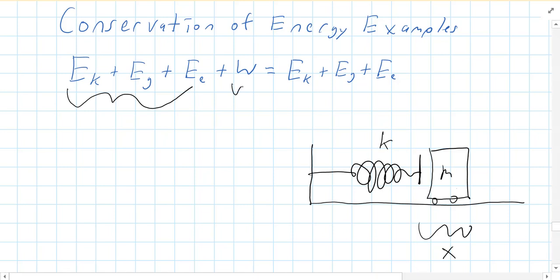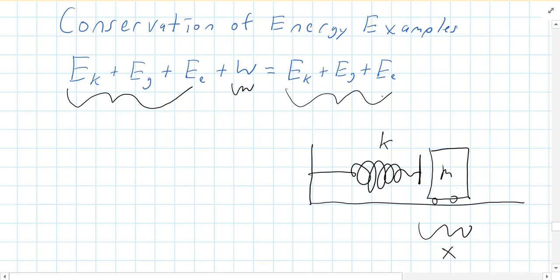Work, W in this case, is work done by forces that aren't involved in those energies, like friction or tension or applied force. Those are when we turn thermal energy into mechanical energy or vice versa, or electrical energy or chemical potential energy. And then these terms here are the total mechanical energy of the system afterward.